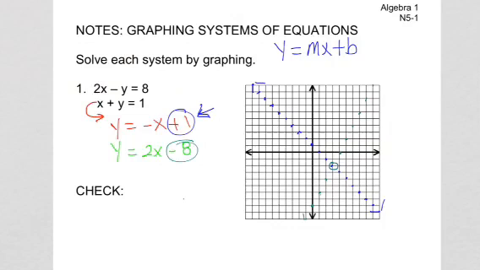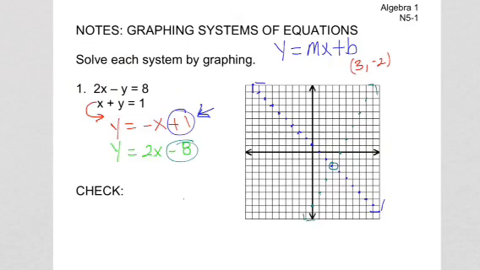Again, I'm going to put the arrows out here just so that you are reminded that that is a line that continues. It just happens to have that one point in common. So that one point that we see that it appears to have in common is at positive 3 on the x, negative 2 on the y. So we're going to put our ordered pair here.